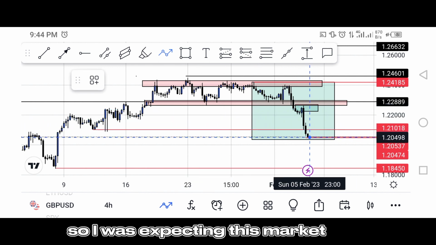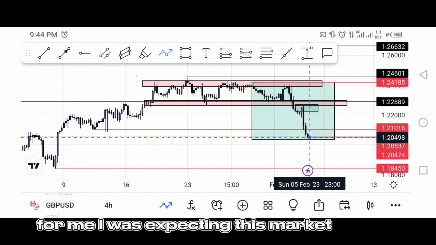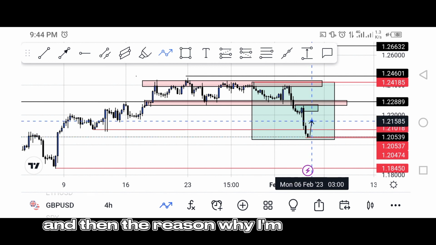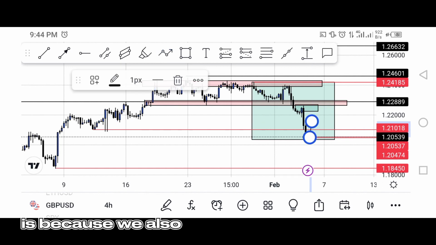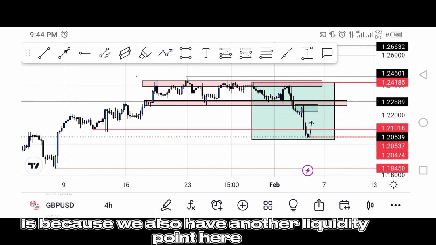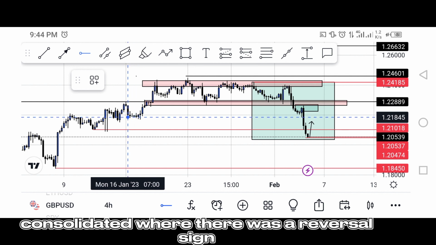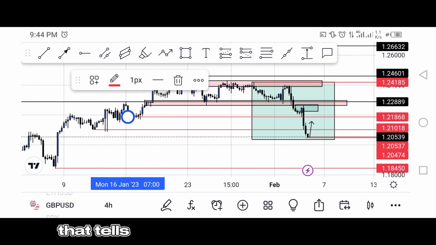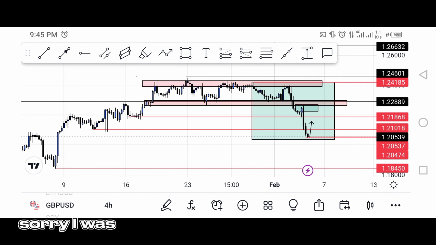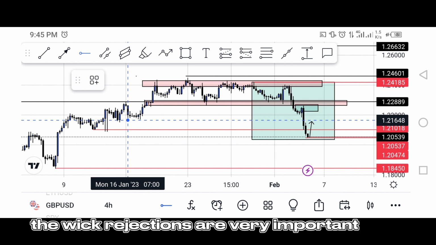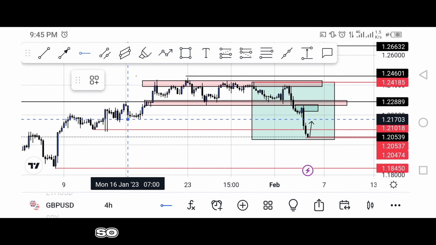I'll be expecting this market to come around this zone and stop. The reason why I'm putting it around this zone is because we also have another liquidity point here. And look at where price consolidated, where there was a reversal, a reversal that tells you a trend will reverse. I'm supposed to pick it from the weak rejection too. The weak rejections are very important too. So I have it around here.